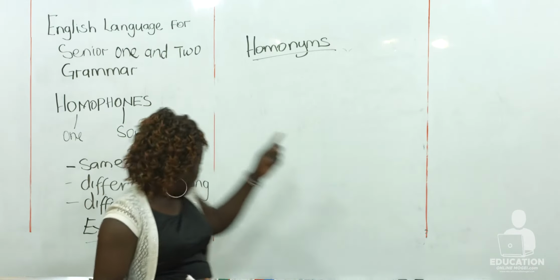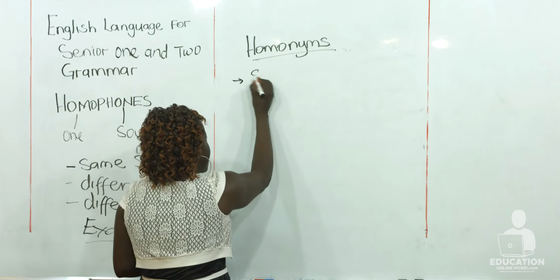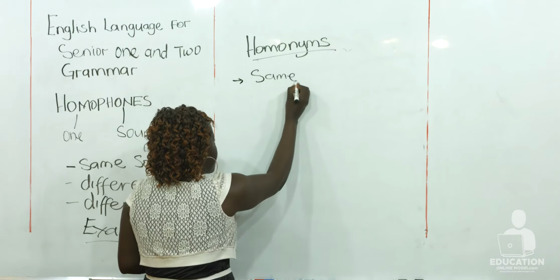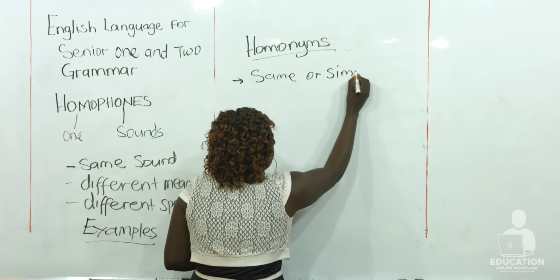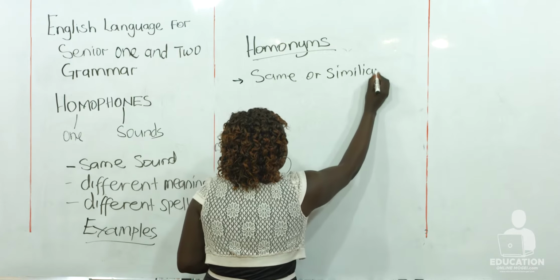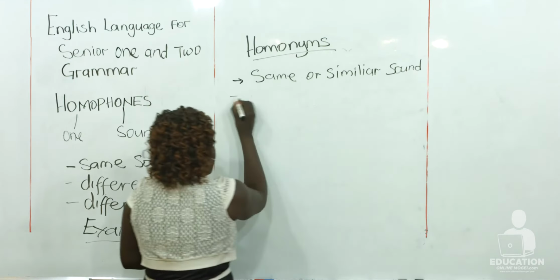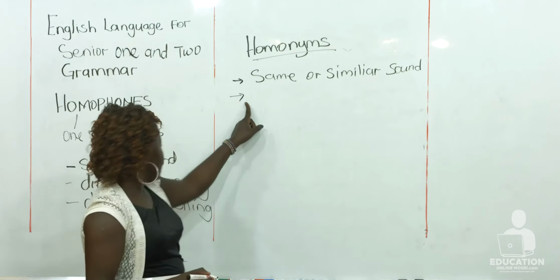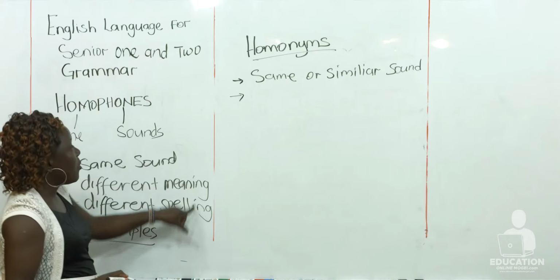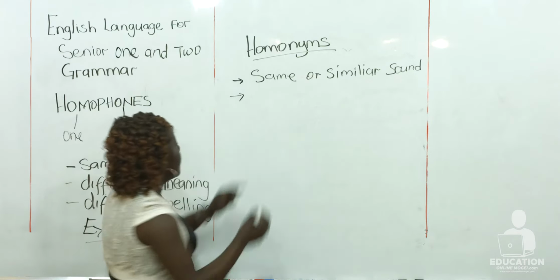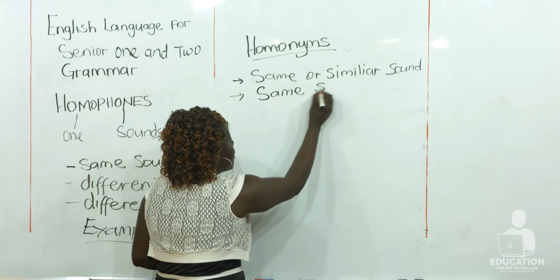Here is the only difference. Still here we will start with same or similar sound. Here we will now come here. Instead of writing different spelling, here we will maintain the word same spelling.